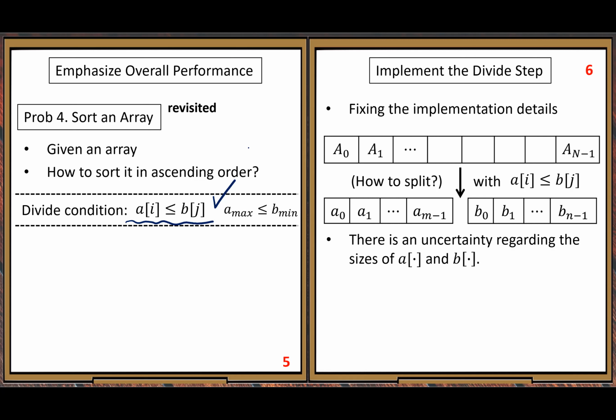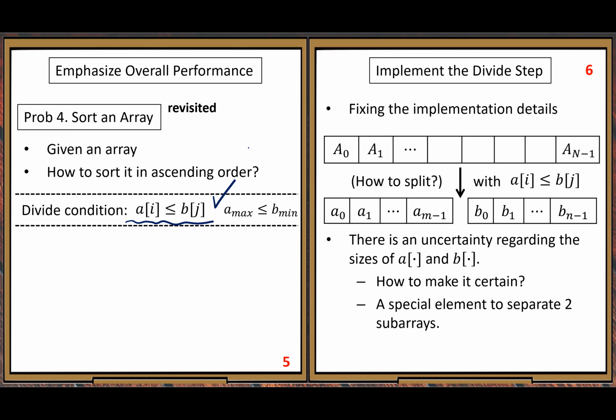How many elements in the left subarray? How many elements in the right subarray? Nobody knows that. So that's the uncertainty, something to be determined later. How to make it certain? We need to do some special work here.